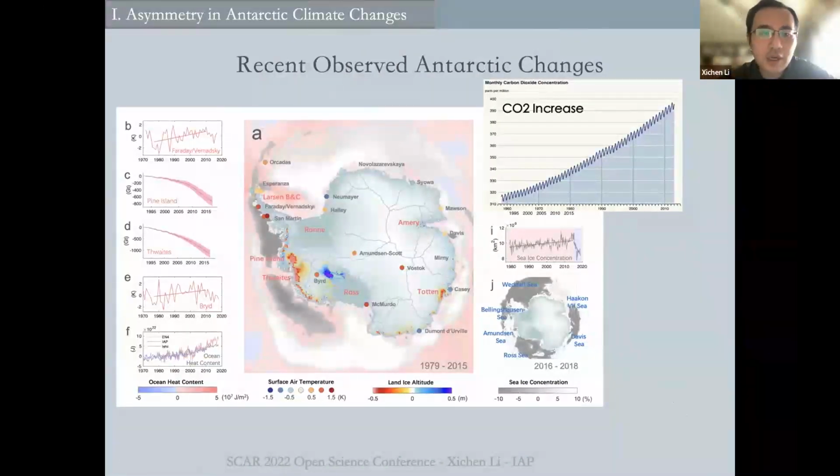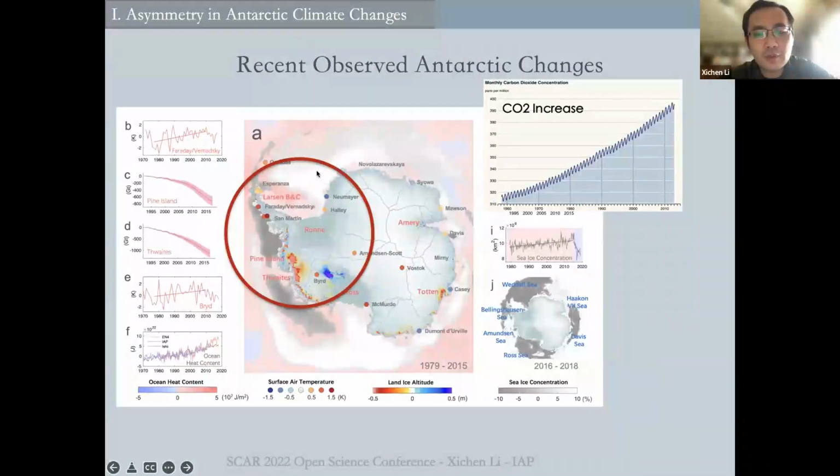One of the main drivers of Antarctic climate change is, of course, global warming, or the increase of the concentration of greenhouse gas. But since most of the rapid climate changes happened around West Antarctica, this zonally asymmetric change cannot be fully explained by the regional forcing caused by the increase of greenhouse gas.